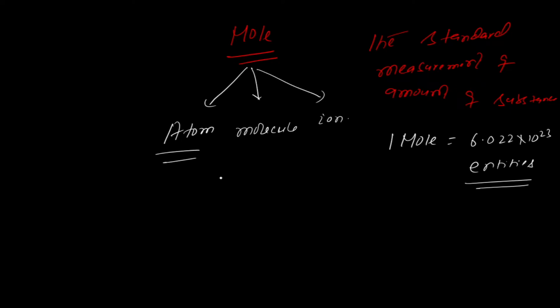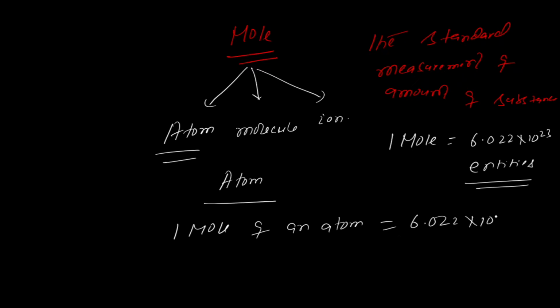What about 1 mole of atom? 1 mole of an atom is equal to 6.022 into 10 power 23 atoms, or we can write gram atomic mass. So what is the gram atomic mass?